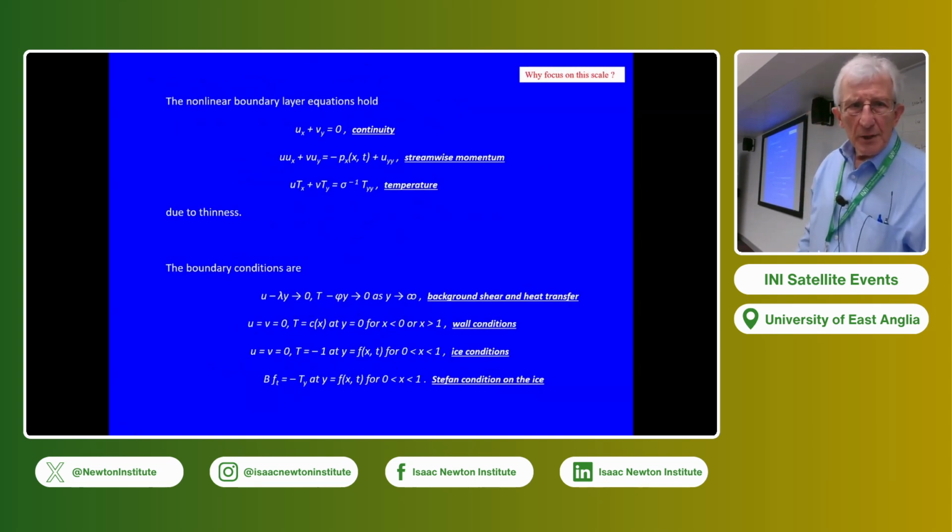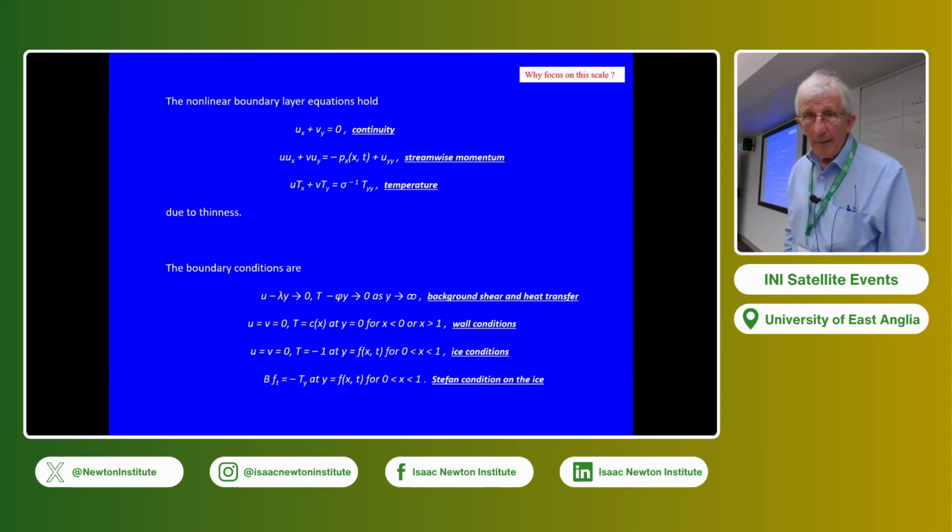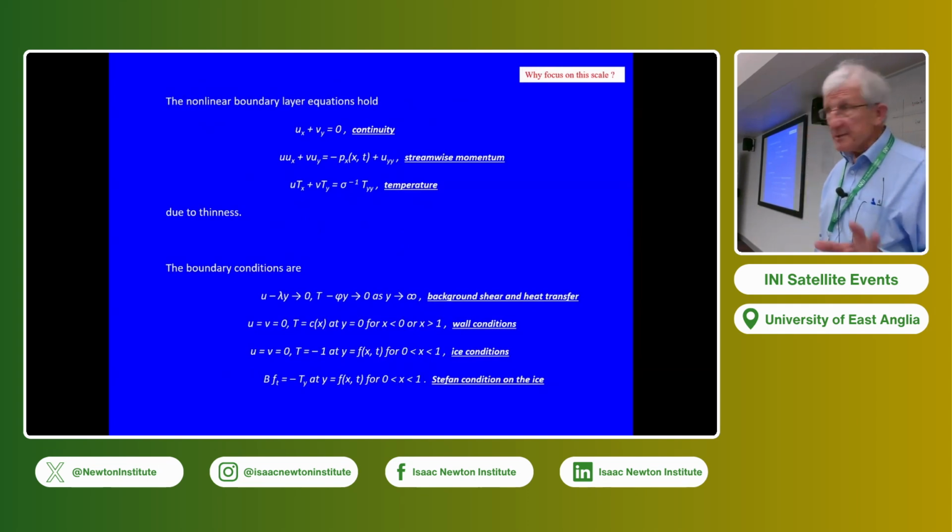So that's using a thin layer approximation throughout. Why focus on this scale? Well, the nice thing about this, we think, is that we've captured the viscous and diffusive effects together, and it's in one single layer. There are no sub-layers involved at all. So this seems a reasonable starting problem.